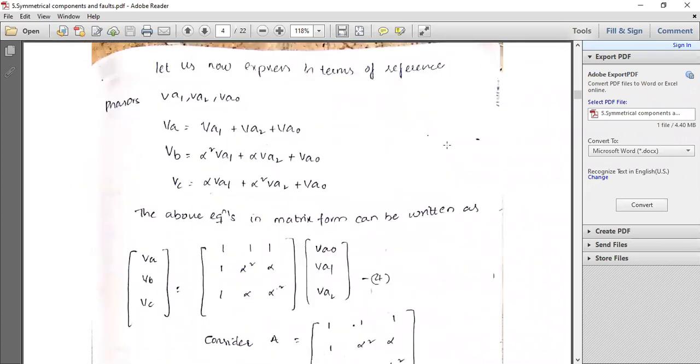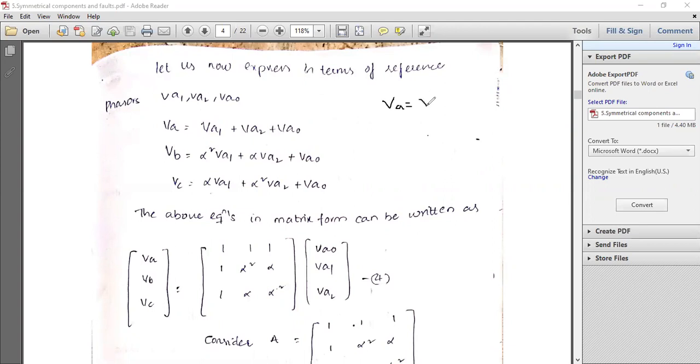Now you see here. Suppose VA, VB, VC, already we have considered these ones. If we want to express this VA phasor in terms of three components, VA1, VA2, and VA0, the positive sequence, negative sequence, and zero sequence components. Similarly, you can take VB and you can take VC also.